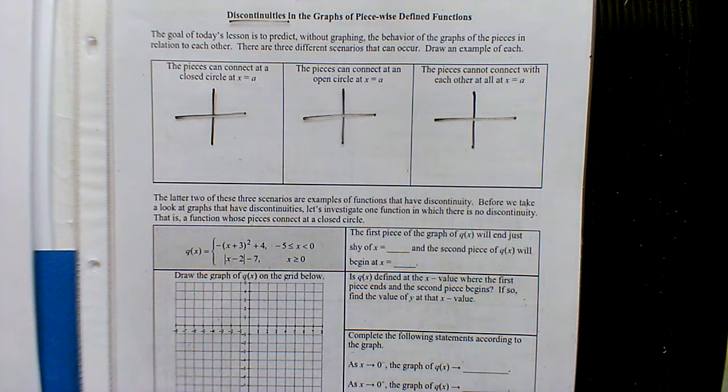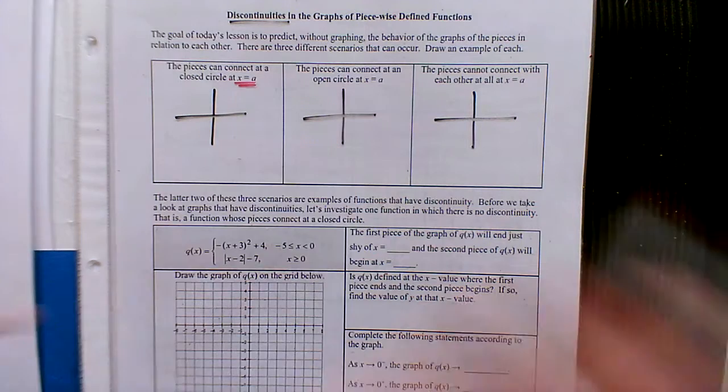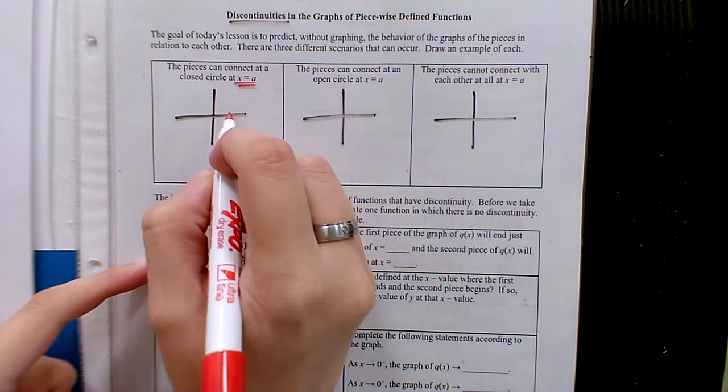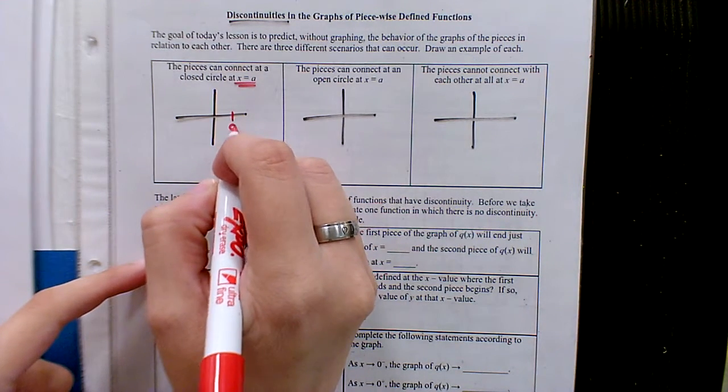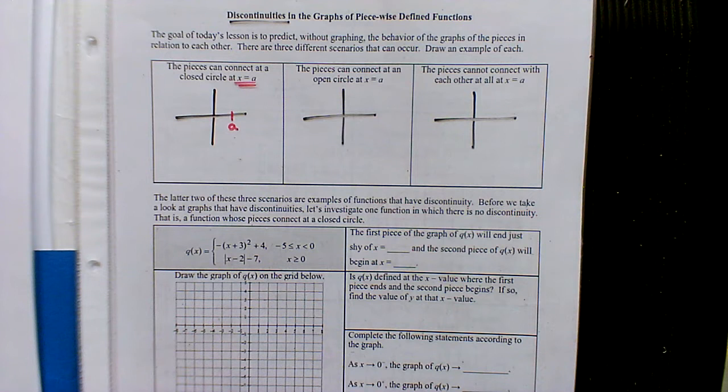Okay, so our first one, we have pieces of a graph, the left side and the right side, that connect at a closed circle at some specific x value. On the x-axis, let's label this location that we're focusing on with the letter A. You can let A be whatever number you want.